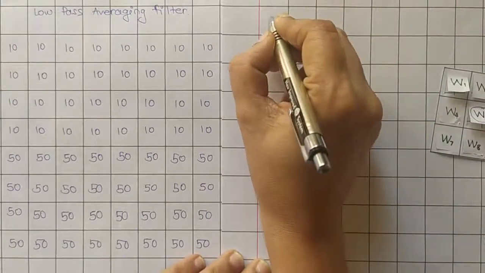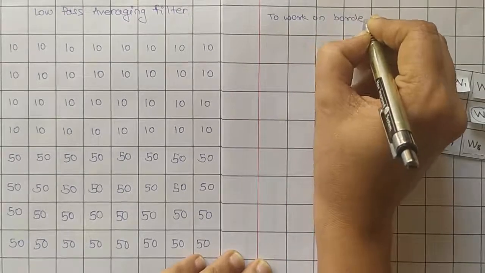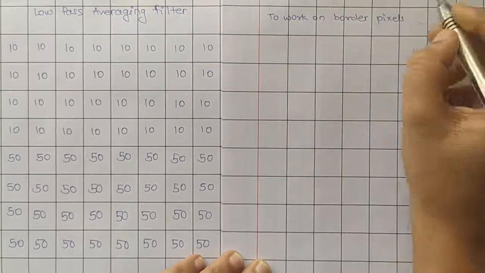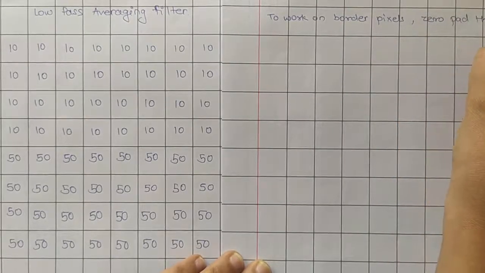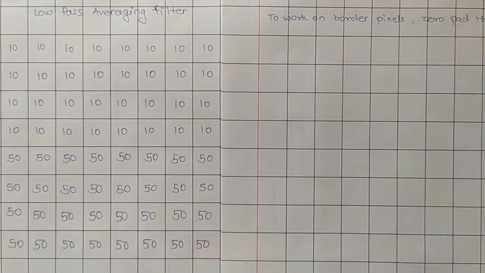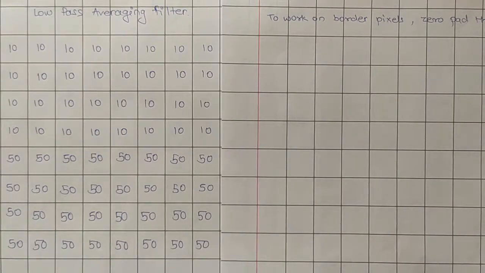So, to work on border pixels, zero pad the image. What do we mean by zero pad the image? Zero padding means we add zeros above the first row, after the last row, and before and after the first and last column.